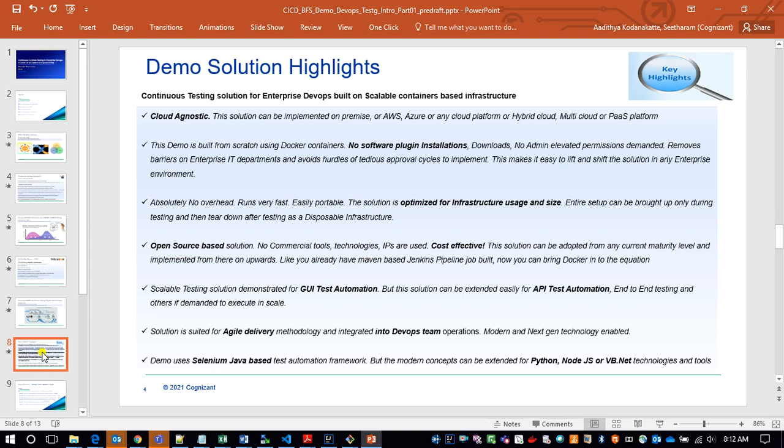The scalable testing solution is demonstrated for GUI test automation particularly, but needless to say, the same solution can be extended for API test automation or end-to-end testing or any other kind of testing which is built on similar technologies. This is very well suited for agile delivery, and for the process that is followed in integrated DevOps teams.